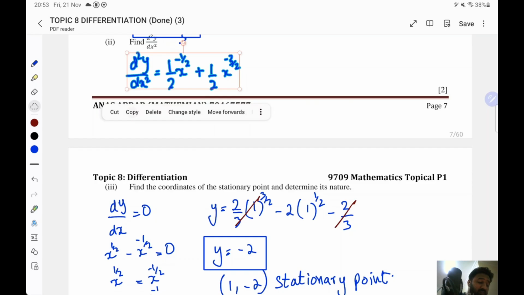Since it's a positive result, it's greater than 0. The second derivative is greater than 0, so it means that this stationary point is the minimum value.